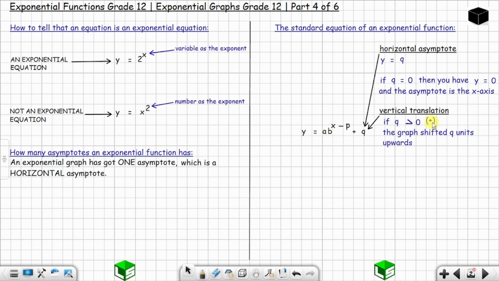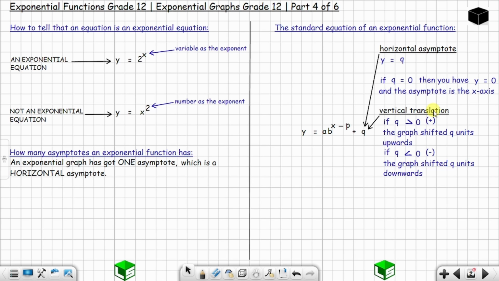If q is less than 0, that means q is negative, the graph has shifted q units downward. When q is positive, upward. When q is negative, downward. This is a vertical shift.